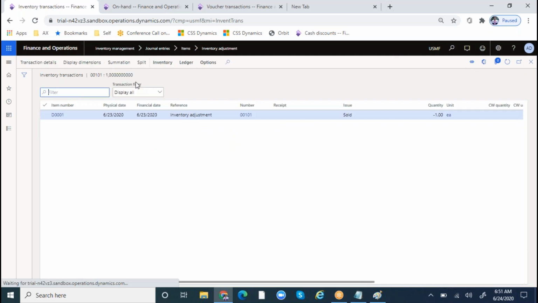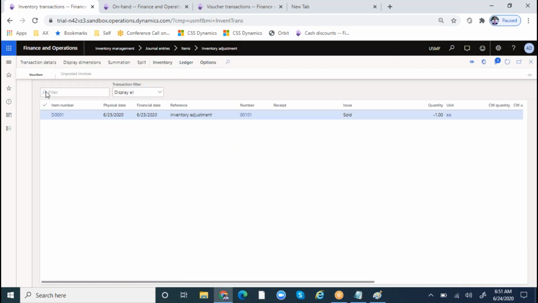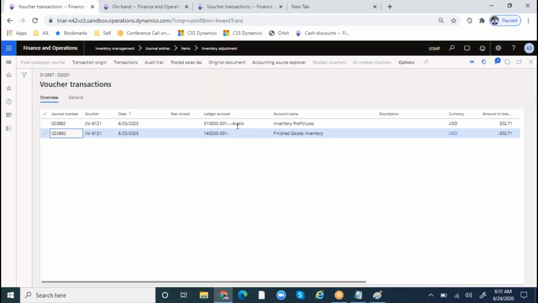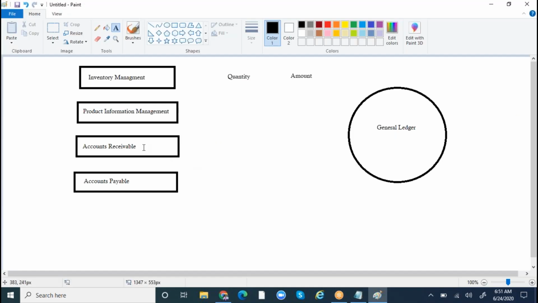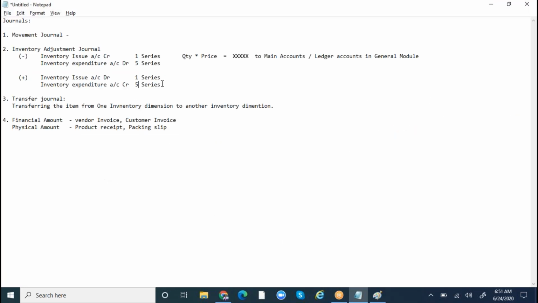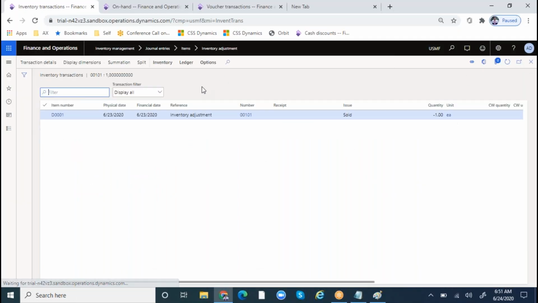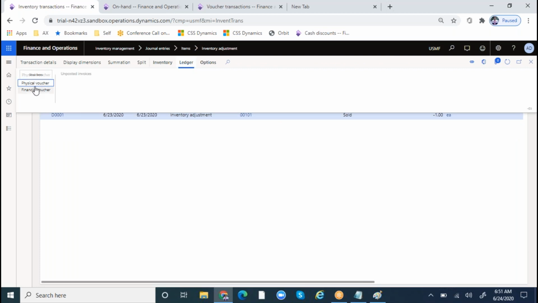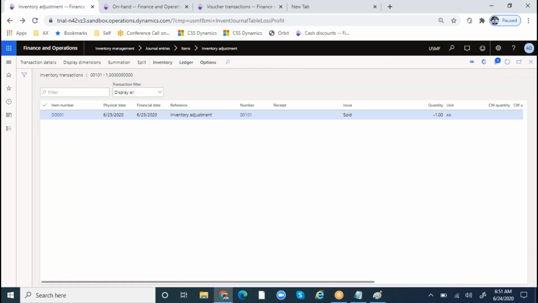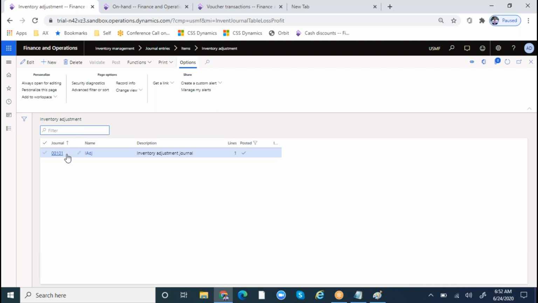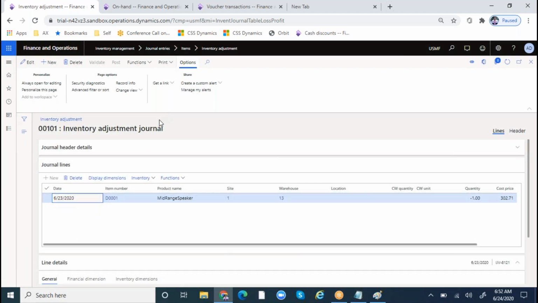Both are the same, there is no difference here, because the item is not physically decreased and then invoiced; it is posted in only one shot. One is physical, one is financial. So there is no two-step processing or invoicing, it is only one step. Only one step you can do here.